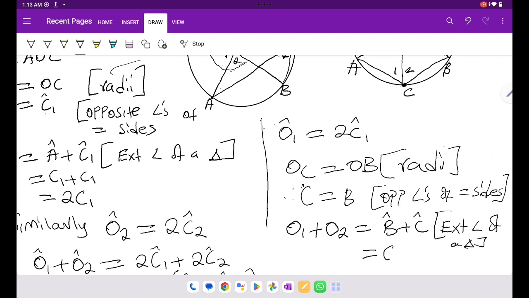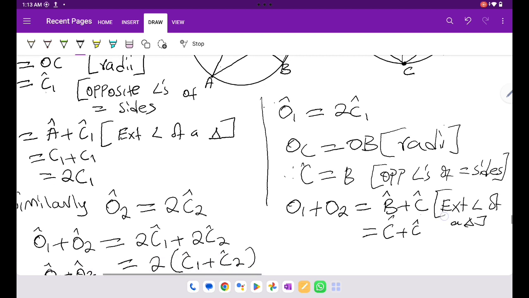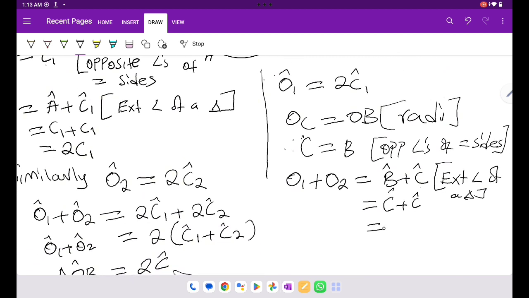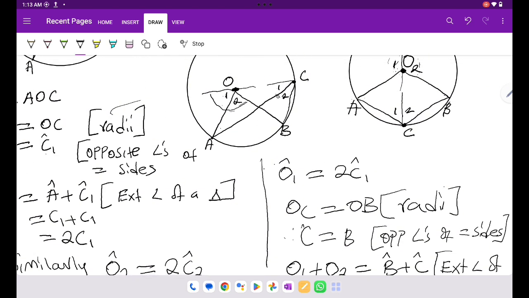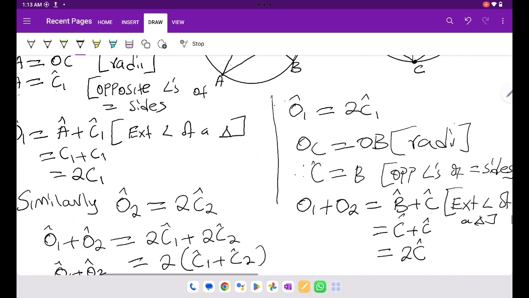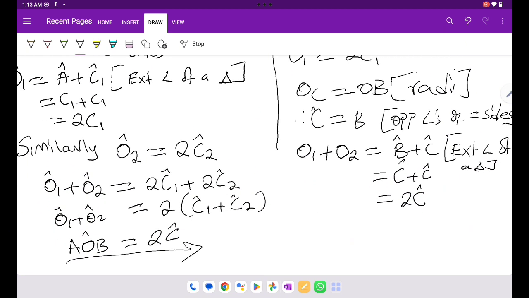So we will say this is angle C plus angle C, which is saying to us that O1 plus O2 equals 2 angle C. In other words, when we are talking about angle C, we are referring to angle C1 plus angle C2. So we can write it as O1 plus O2 equals twice angle C1 plus angle C2.